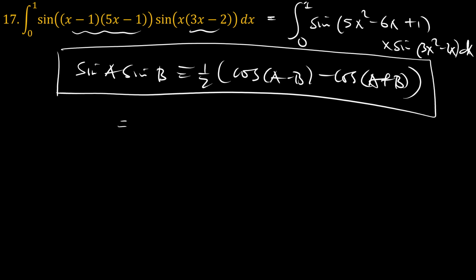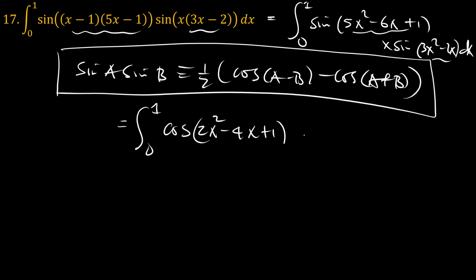So our problem becomes the integral from 0 to 1 of cosine of, if this is A and this is B, we get 2x squared minus 4x plus 1 minus cosine, and there's a half here, of 8x squared minus 8x plus 1.